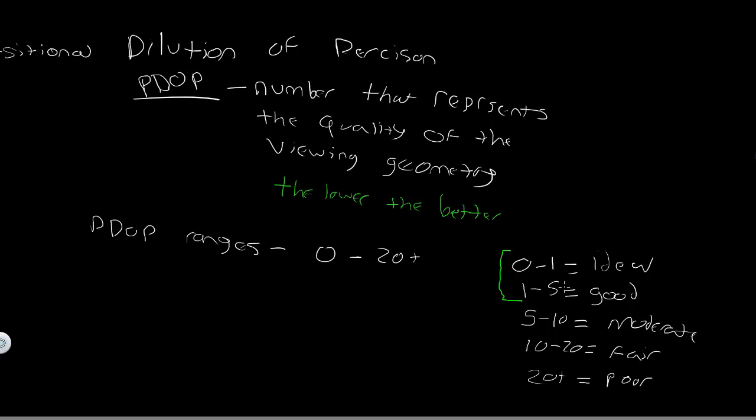We want a value less than 5 when collecting data, because it's a good indication that our viewing geometry will give us a smaller area of uncertainty. Remember that diagram where, as we moved the satellites closer together, the area we were predicting in got larger because the ranges of the different satellites overlapped more, which meant we were less certain of our specific position.